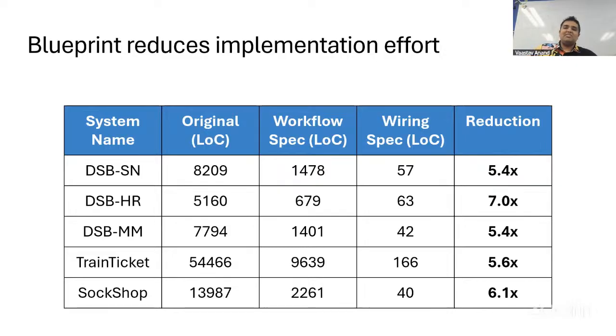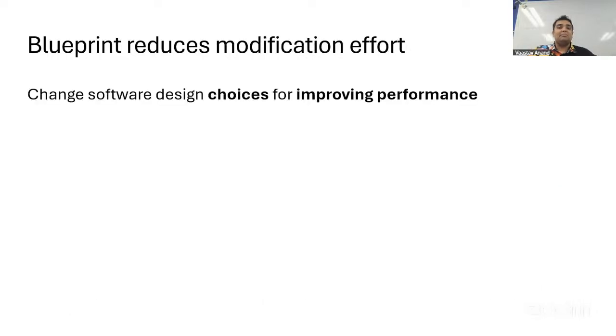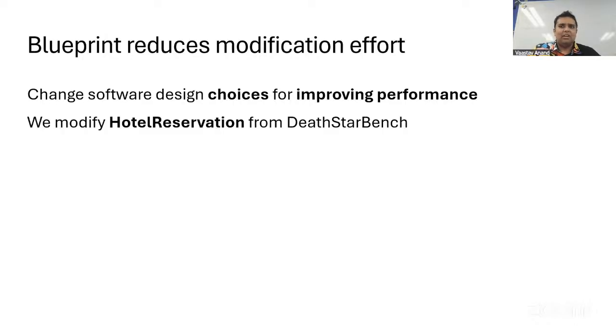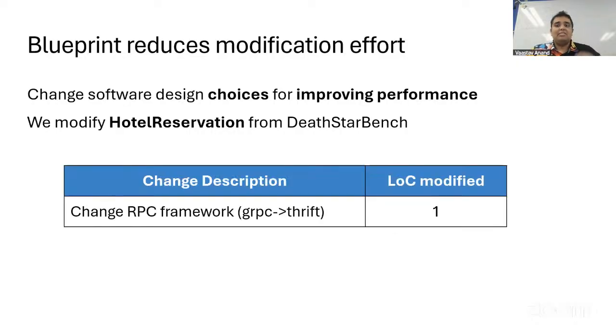But Blueprint doesn't just reduce the effort to implement the systems, it also reduces modification effort. Consider the scenario where you need to change software design choices for improving performance. To test this out, we changed the software choices of the DeathStarBench hotel reservation system with the goal of improving performance. Changing the RPC from gRPC to Thrift required one line of code.